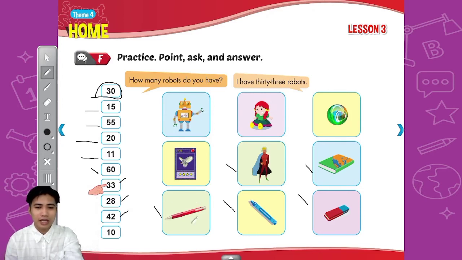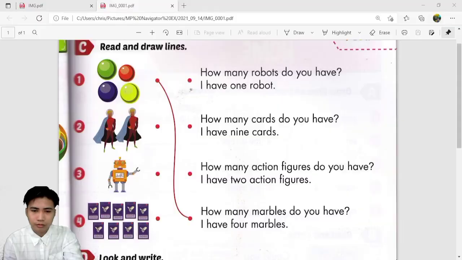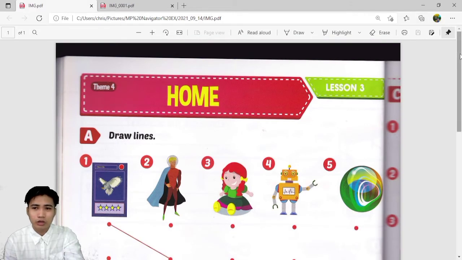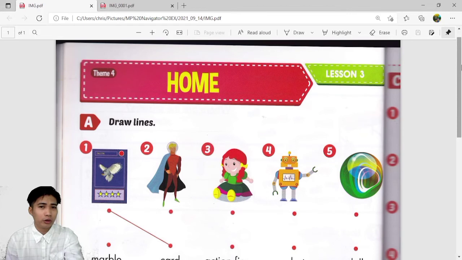Okay, so this time I'm going to present to you your homework. Hey students, for your homework, please get your workbook. Your homework is in your workbook.